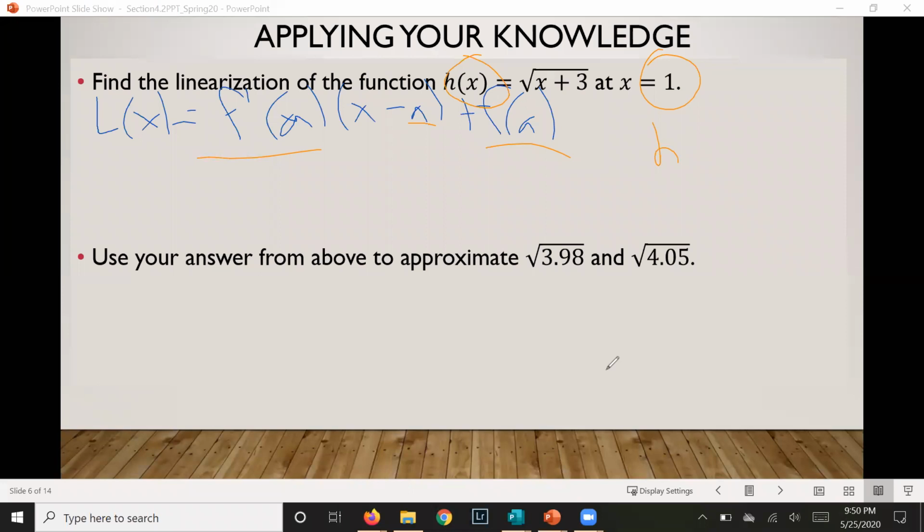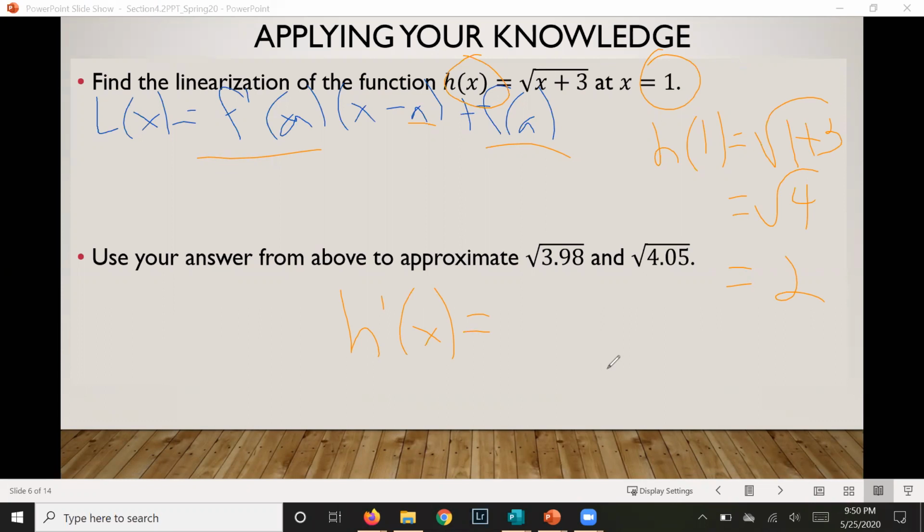So in fact, we can do that. We have h of 1 equals square root of 1 plus 3 equals square root of 4. So that's 2, right? And then to find f prime of a, we have to find the derivative. So let me go down below. I apologize. To find h prime of x, I'm going to skip a few steps here.